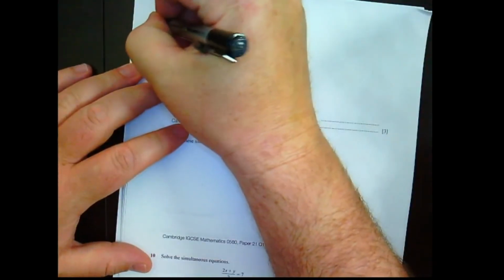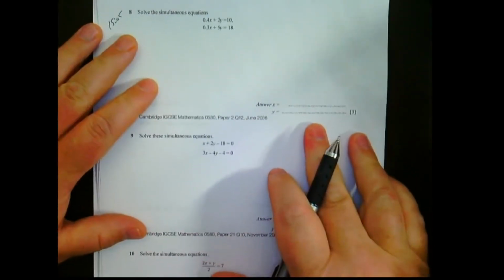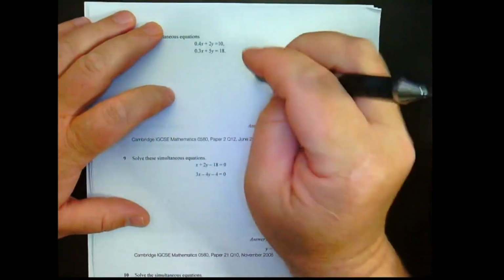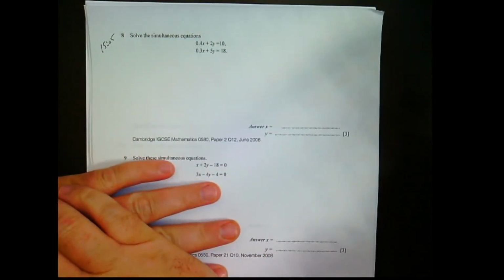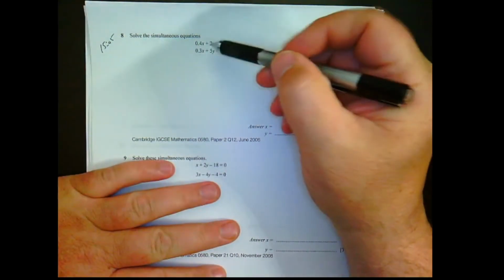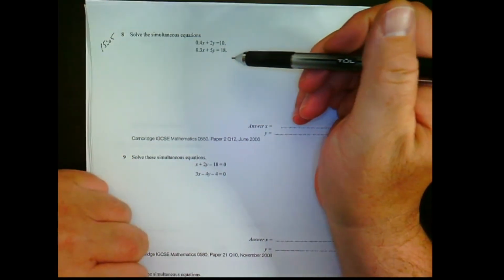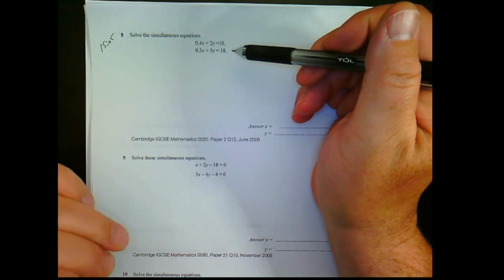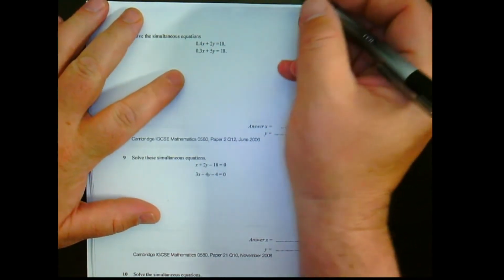Let's see, we are on 15 minutes and 5 seconds, más o menos. So solve this set of equations right here. Let's see here. This one, I might want to do substitution because I would have to multiply both equations by something and one of them by something negative. Man, I can multiply everything by 10.